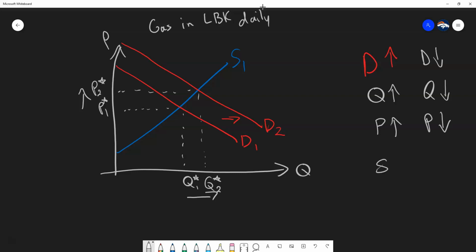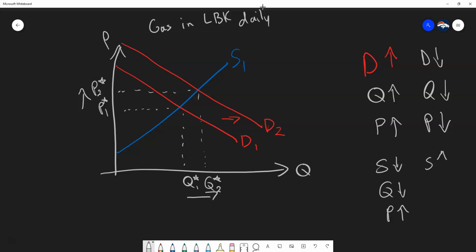Whereas supply, the reason being is there's a positive relationship. Price is going to be a little bit different, the way it interacts. Supply decreasing leads to quantity decreasing and price increasing, because we're shifting to the left there.